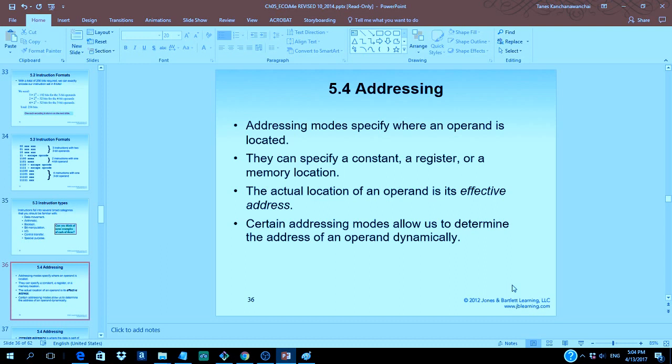Addressing modes specify where an operand is located. They can specify a constant, a register, or a memory location. Just like the one that MIPS shows you, you can move from memory to register, register to register, from register to memory.